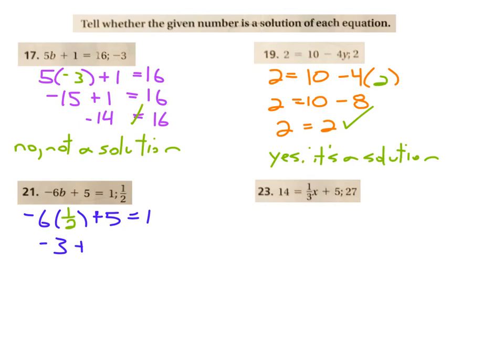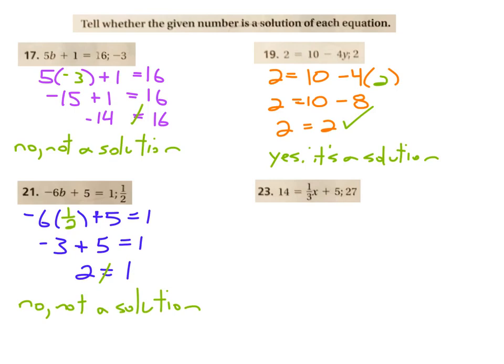Half of -6 is -3. Plus 5 equals 1. And -3 plus 5 is 2. And 2 does not equal 1. So we say no, not a solution.